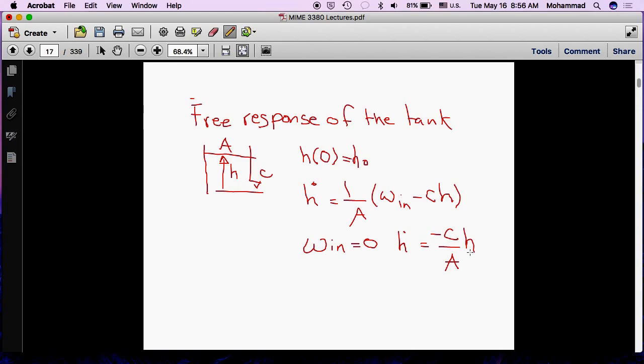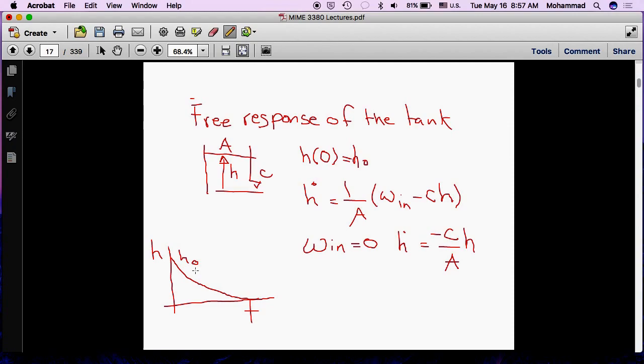Okay, so if you want to plot the response, how will it look? Looks like this. It starts from H naught, and goes to 0. And it's an exponential decay, the same way that the rise was also exponential when we had input, when the response was a forced response.